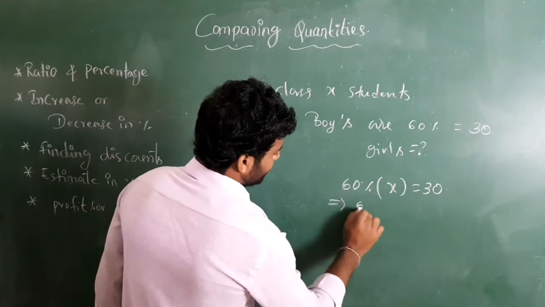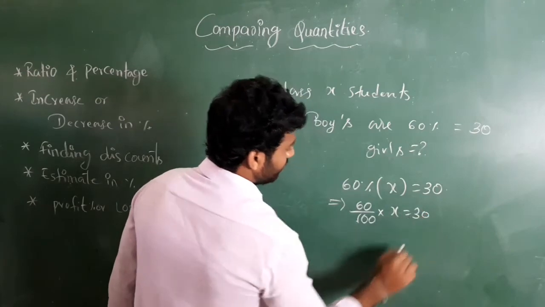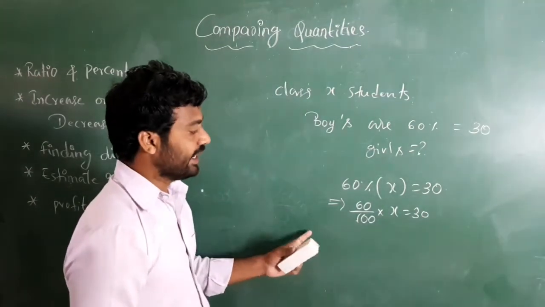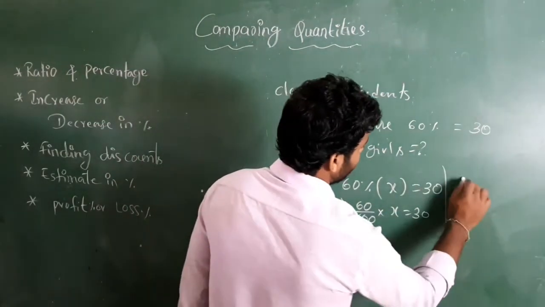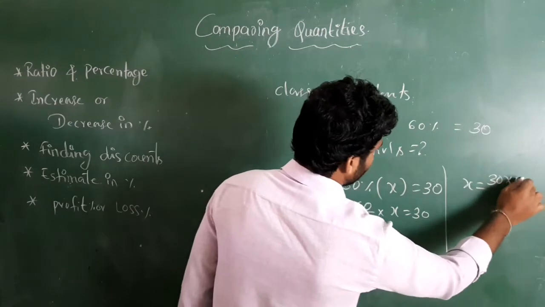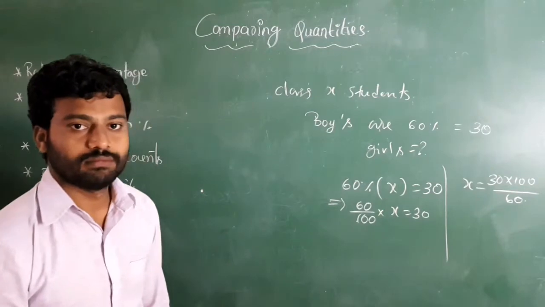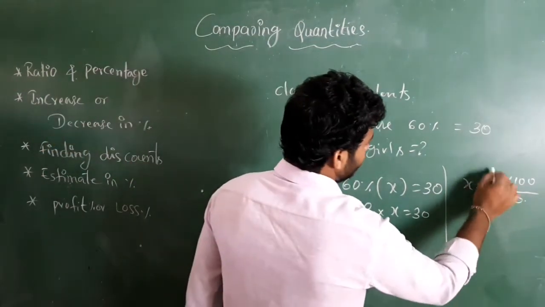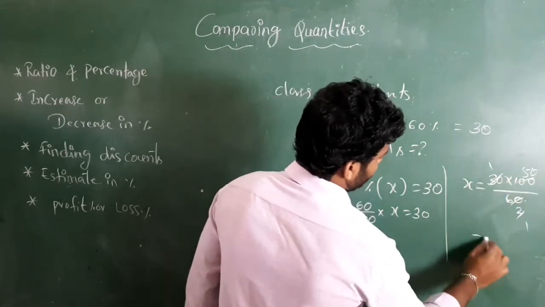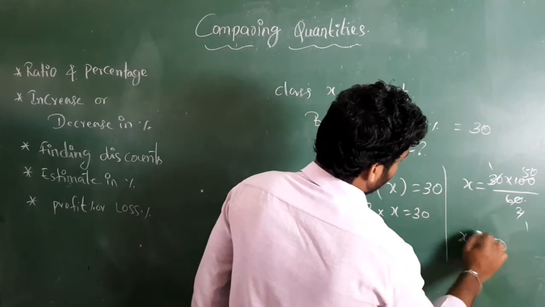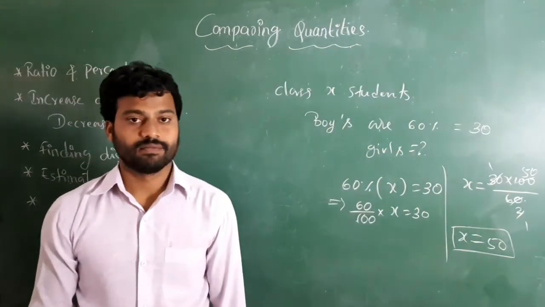I said already 60% can be written as 60 by 100 into x is equal to 30. I want to find the x value. So keep x here, and send everything else to the other side. What will happen? x is equal to 30 into 100 by 60. 30 ones are 30, 2 ones are 2, 2 fives are 10, so x value is 50.